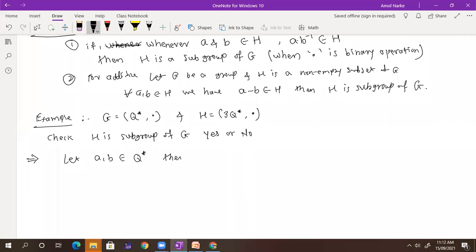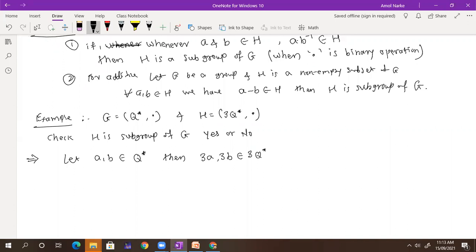Then the elements in H are multiples of 3, so 3A and 3B belong to 3 Q star.